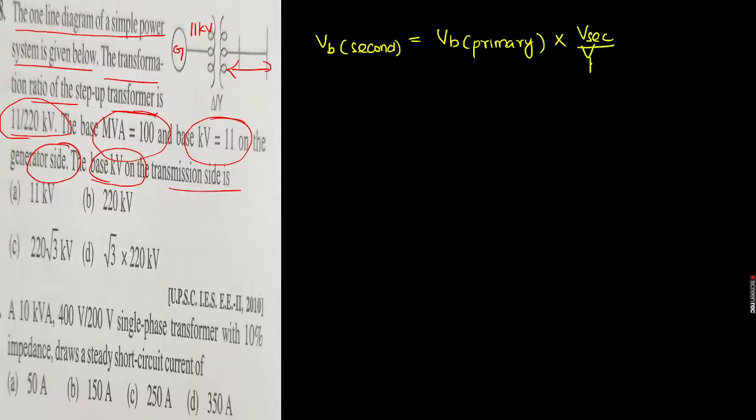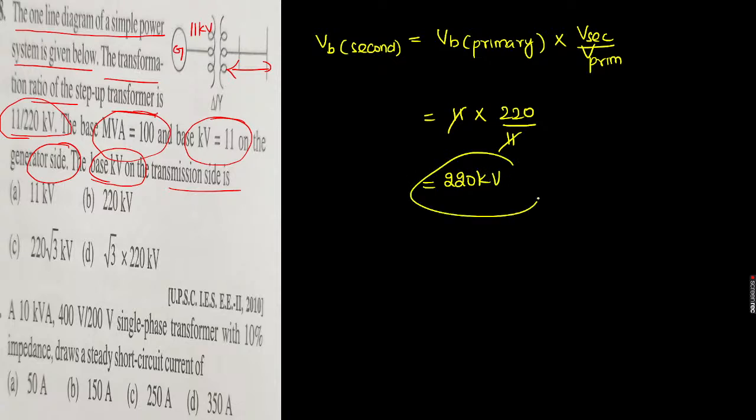You have to substitute that transformation ratio. Primary voltage is 11 kilovolt, secondary is 220 kilovolt divided by 11 kilovolt. 11 gets cancelled, so the new kilovoltage will become 220. The secondary side voltage will be directly considered as the base voltage for the transmission line.